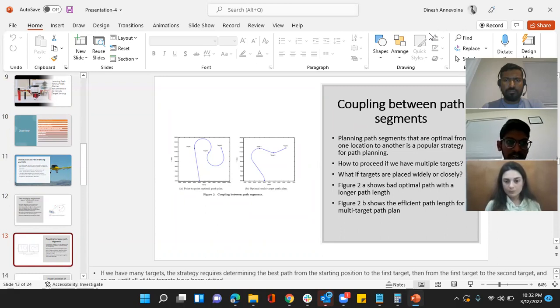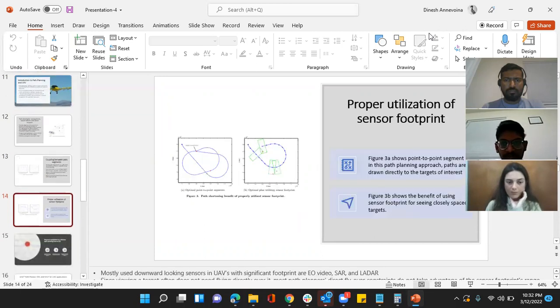If we compare the distance, figure B has a lesser distance compared to figure A. So we should follow the pattern used in figure B to get the optimal path instead of getting a bad outcome.